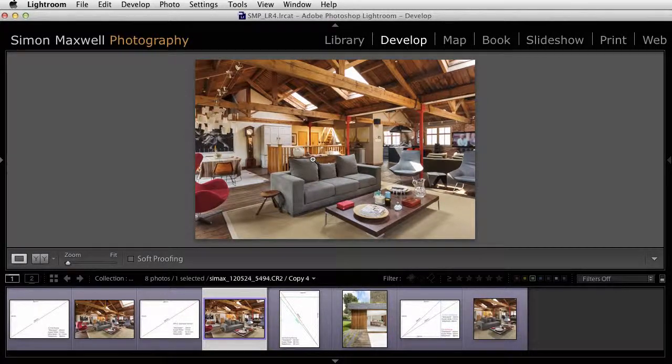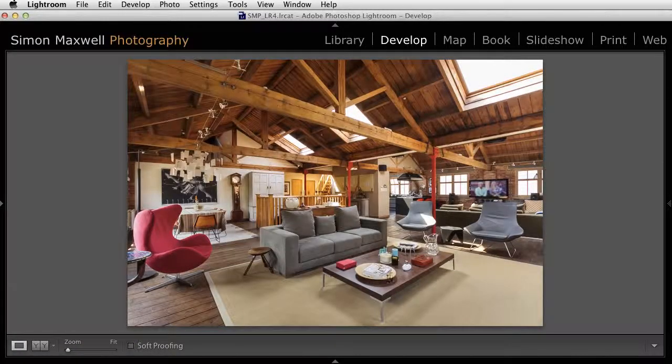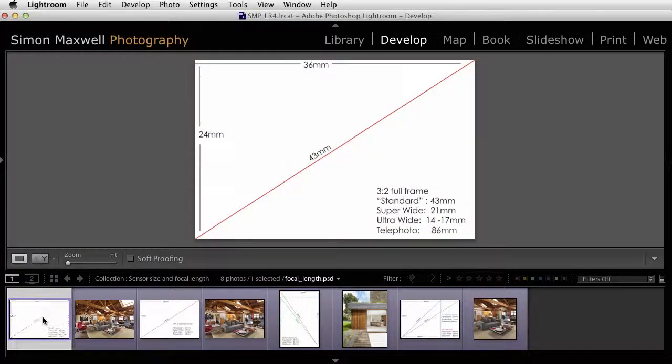So I would need to go to something like a 10 or 11 focal length to get that nice wide field of vision that I get on that format. So I hope that shows the relationship between the diagonal of your frame, whatever sensor you're using, is going to dictate how telephoto or how wide angle your lenses are going to become.